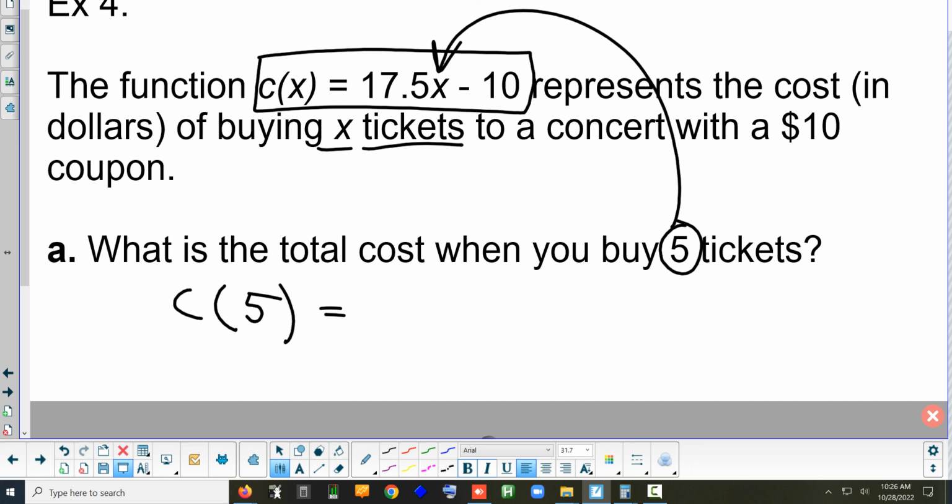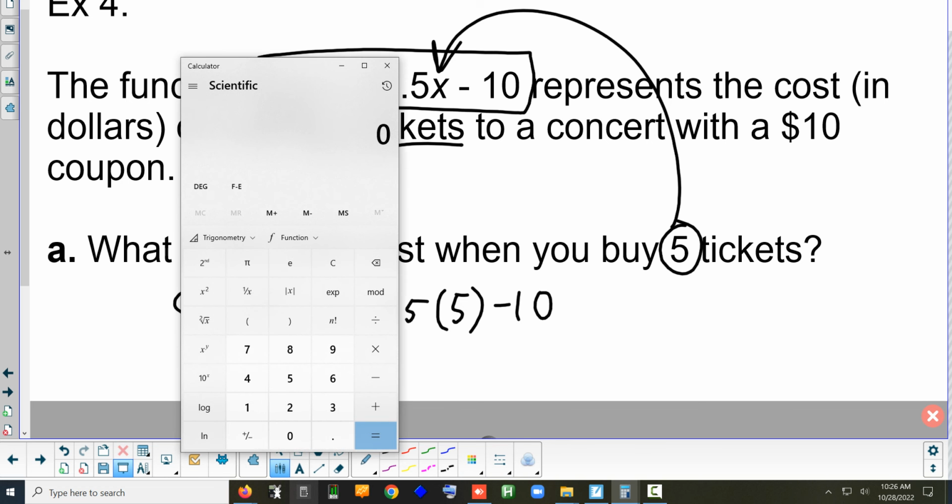All right, so Sean, could you tell me what I would write down here, and then I'll type that into the calculator to find the cost for 5 tickets. 17.5 times 5. Perfect. So that's the cost, and then we get a $10 discount, so we minus 10.